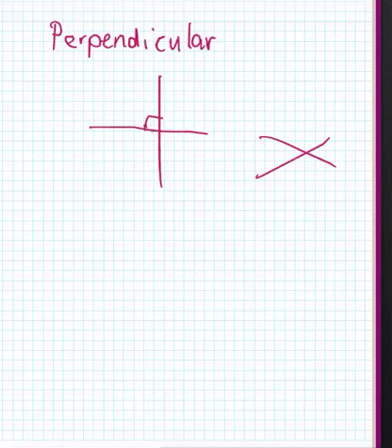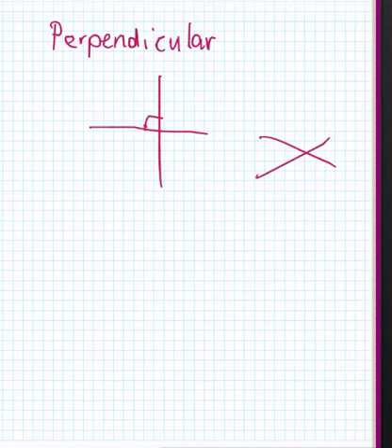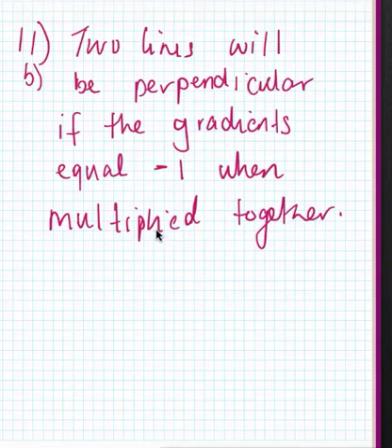Now, with perpendicular lines, we have to analyse their gradients, and we have to remember the keyword reciprocal. So I'll just rub this page off. Before we look at that word reciprocal, two lines or two equations when drawn will be perpendicular if the gradients equal -1 when multiplied together.